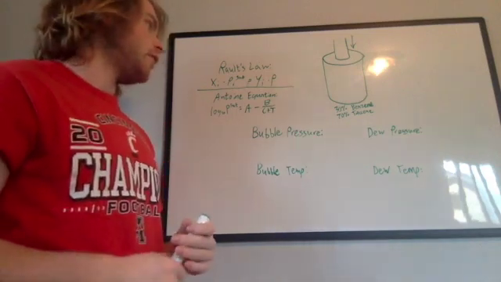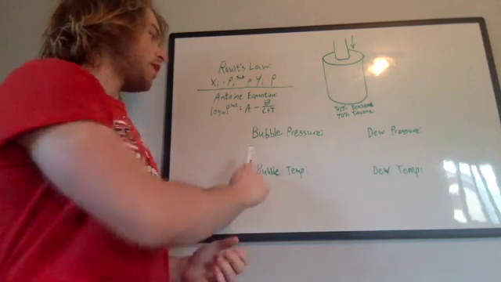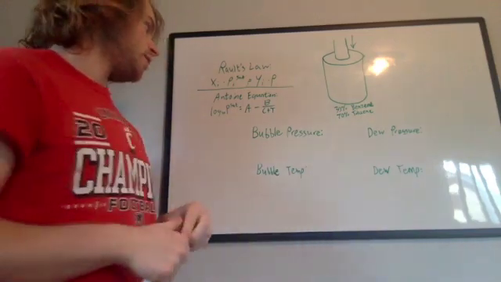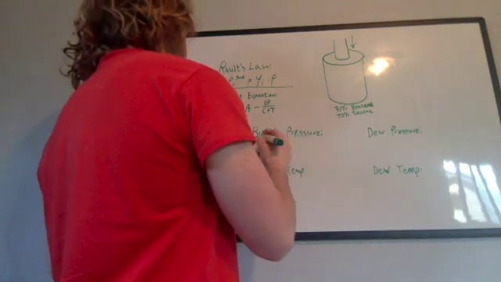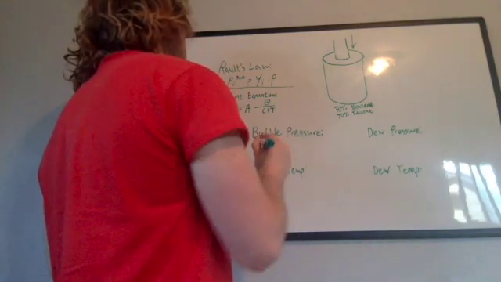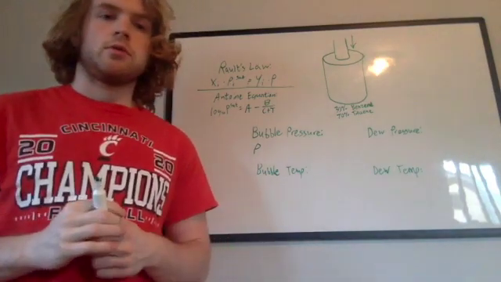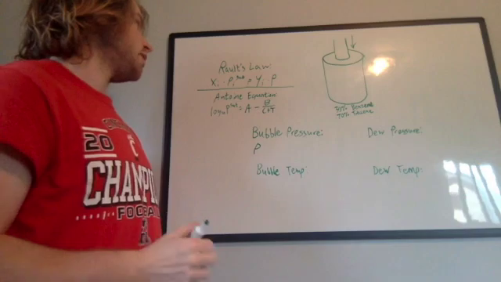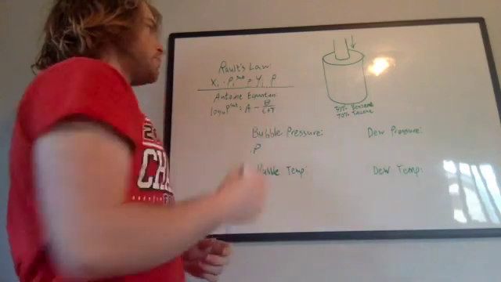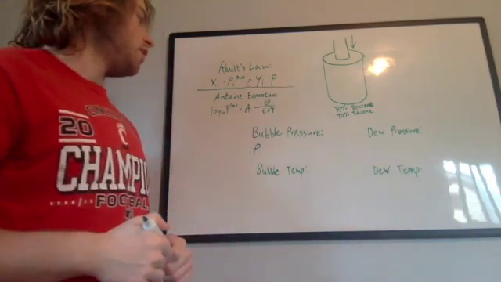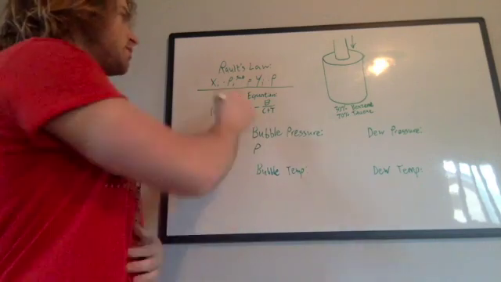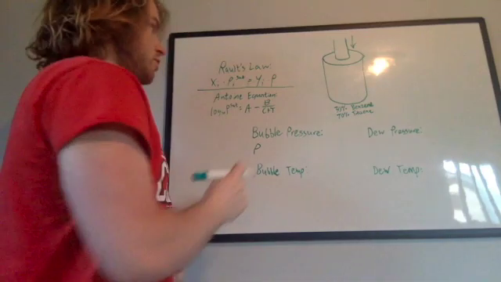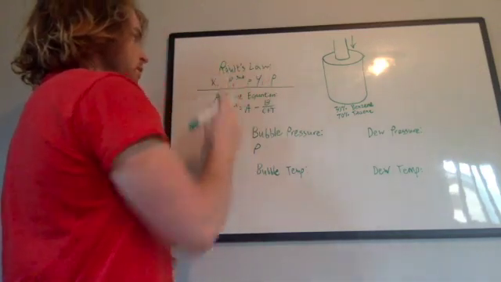Now we're going to go ahead and figure out what our equations for these pressures and temperatures are going to be. So we're going to solve for pressure right here. We know that pressure is equal to the sum of the partial pressures, and since we know that our yi times P up here is the partial pressure, the pressure is just going to be the sum of this left side up here, because that's the sum of the partial pressures and we know that's equal to that.